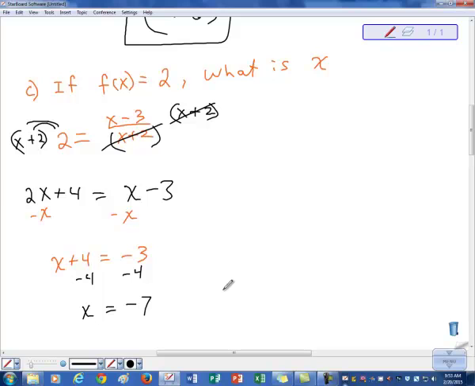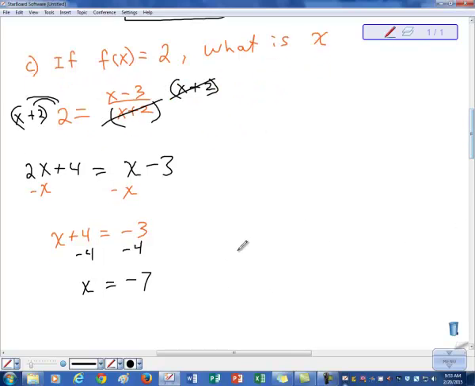Alright, so we want to know what point or points are on the graph of f. So this is still part of part C. What point or points is or are on graph f? Well, you tell me.